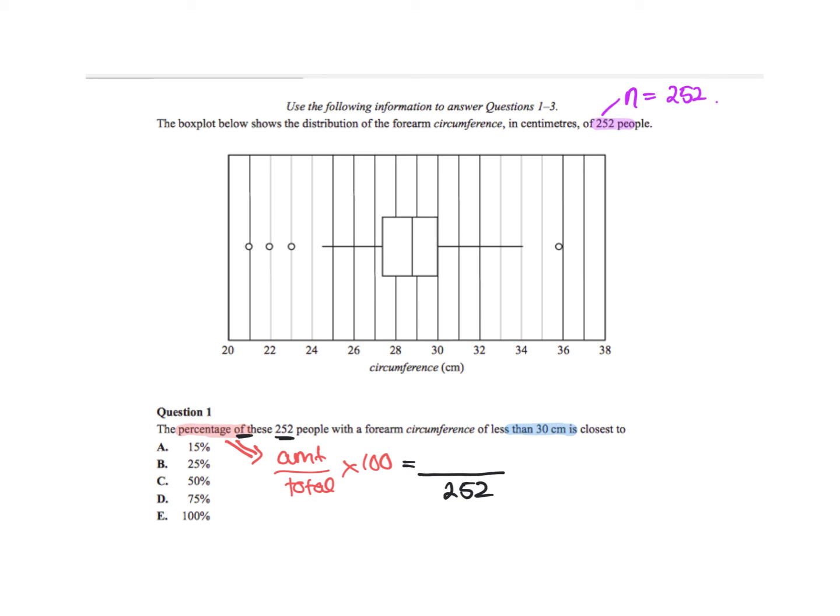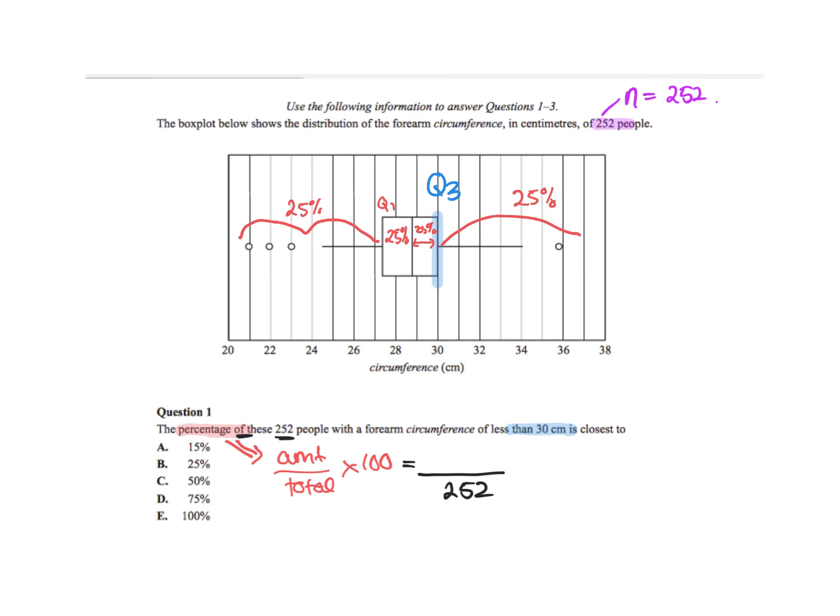If you go and look at 30, 30 is here at Q3, the third quarter mark. So what you need to realise is that this box holds 25% of the data. So does this box, and so does all the rest of it to the left, because this is Q1, holds 25%, and all the rest of it there holds 25%.